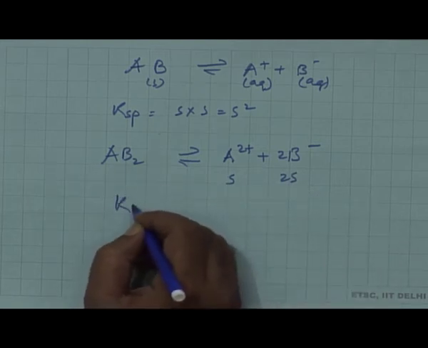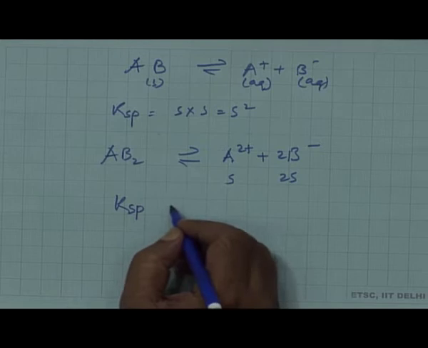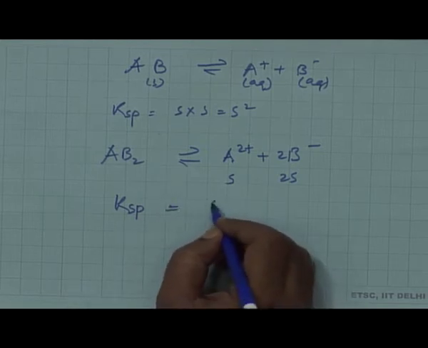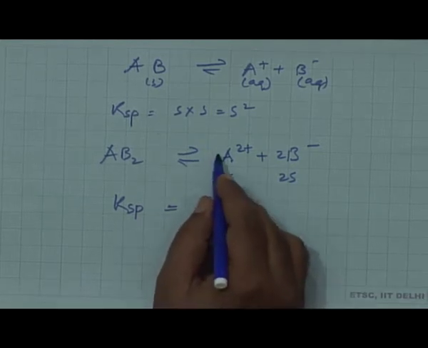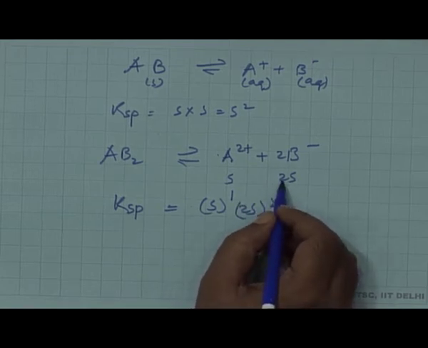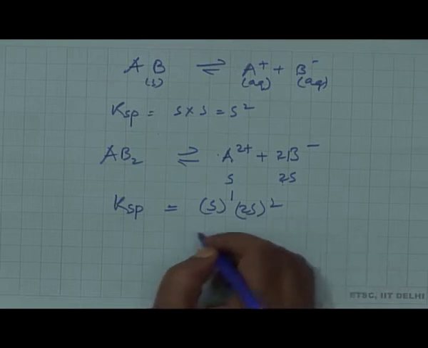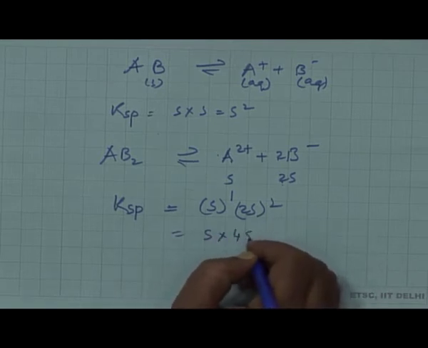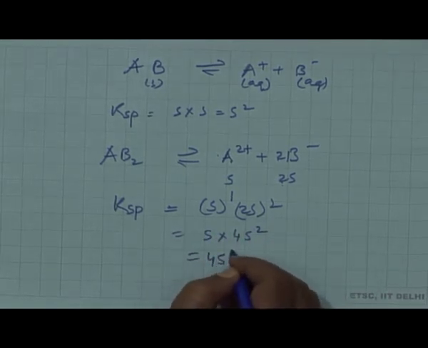So Ksp will be S power 1, stoichiometry is 1, times 2S power 2, stoichiometry is 2. So, this is S into 4S square, which is equal to 4S cube.